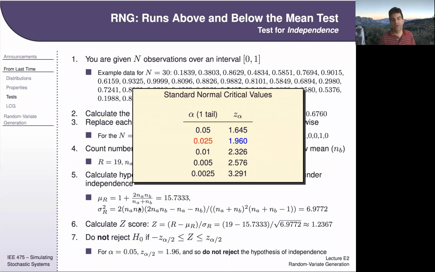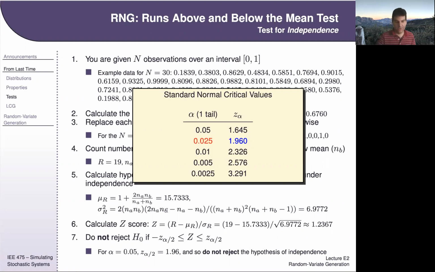If you look up the runs above and below test, you can find the derivation. But for now, just take it for granted that this is the mean of a normal and this is the variance of a normal. And under the null expectation of independence, the number of runs is normally distributed. So just take those formulas down.